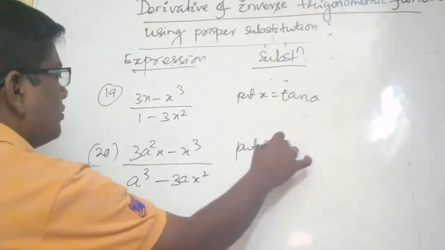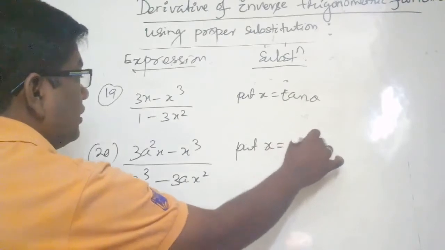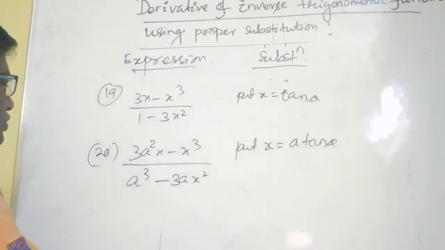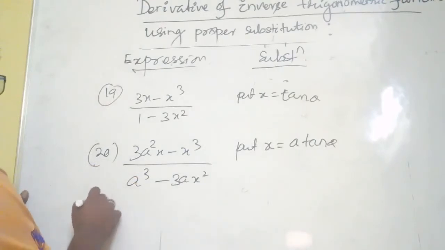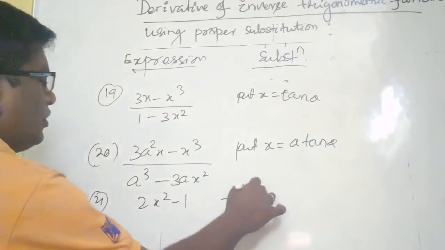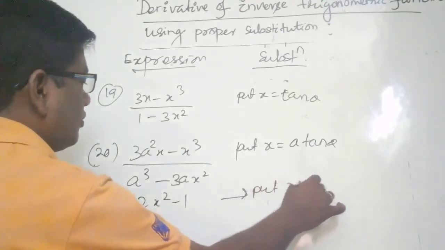Put x is equal to a tan theta. Here, suppose you are given 2x square minus 1, then put x is equal to what? Cos theta.